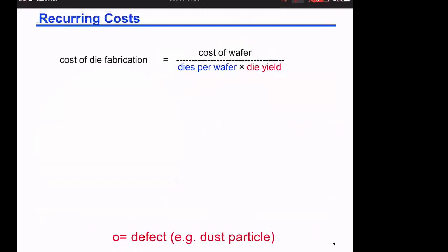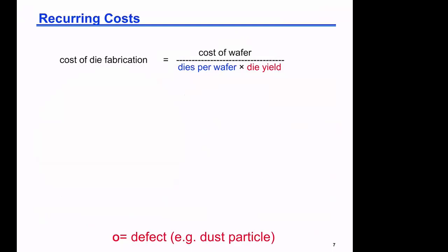Great, let us see what is the cost of die fabrication. It is the cost of the wafer over the number of dies per wafer times the die yield.